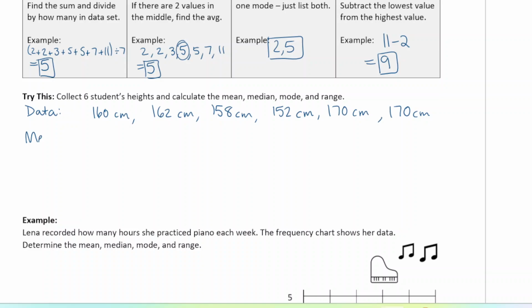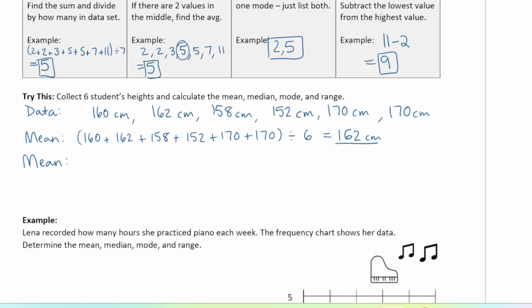Okay, so for the mean, I'm going to add them all up. So 160 plus 162 plus 158 plus 152 plus 170 plus 170, and we want to divide by 6 because there are 6 data points, and we get 162. So that's our mean.